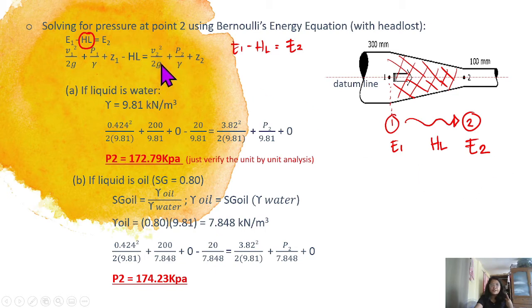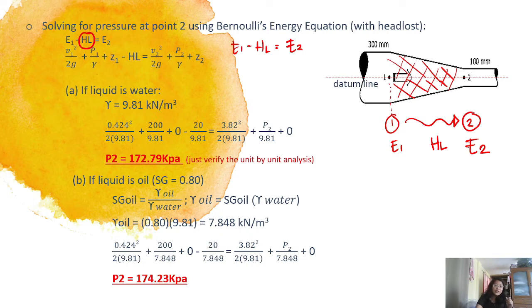And then, the formula for E2 is like E1 also, but everything is now focused on point 2. So, the velocity at point 2 squared over 2g plus P2 over gamma plus Z2. Okay? Now, if the liquid is water, as in letter A, the unit weight is 9.81 kilonewton per cubic meter.